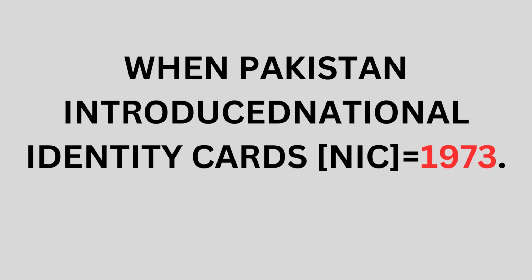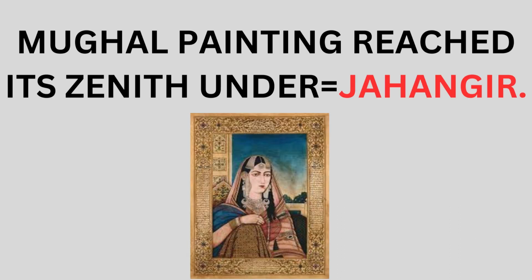And when did Pakistan introduce the National Identity Card, NIC or CNIC? It was in 1973 and it was launched by Zulfikar Ali Bhutto. And Mughal painting reached its peak, its zenith, under Jahangir.